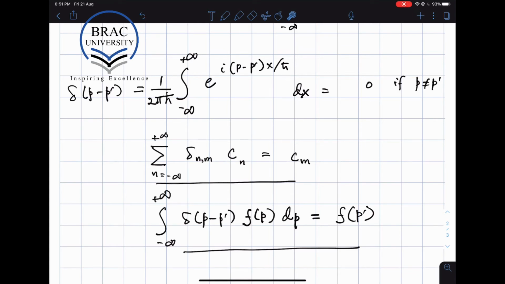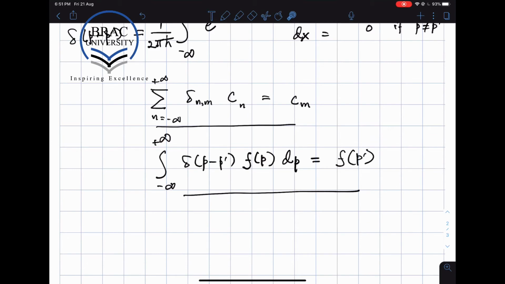So we have two properties of this function, which we're calling the delta function. One is this property. The other property is that delta is 0 whenever its argument is non-zero, so if p is not equal to p prime.